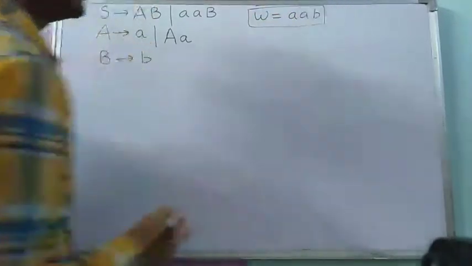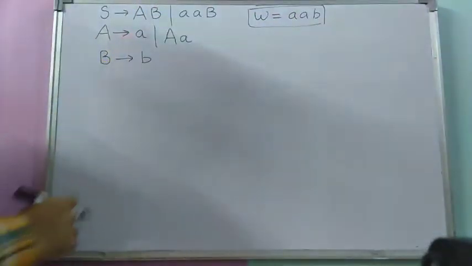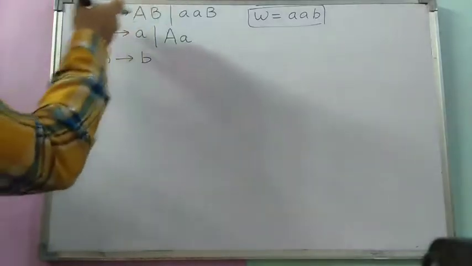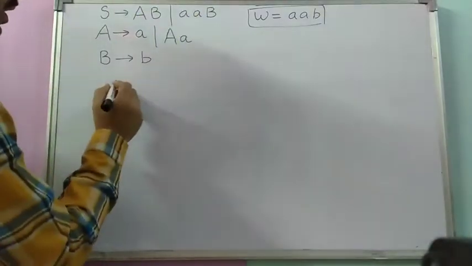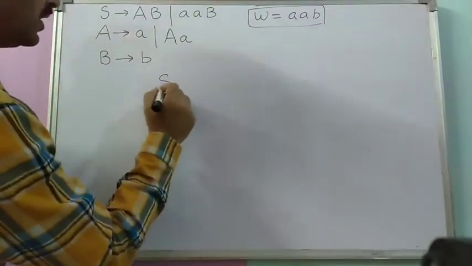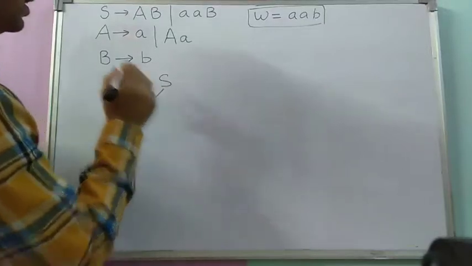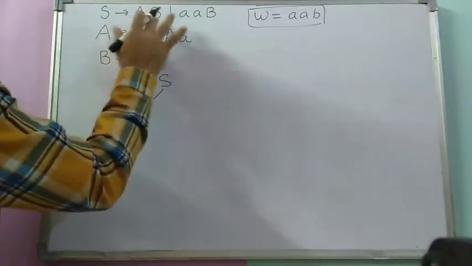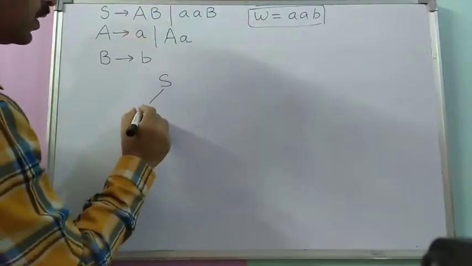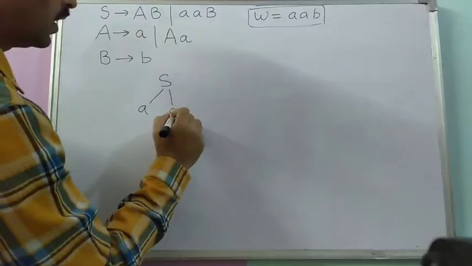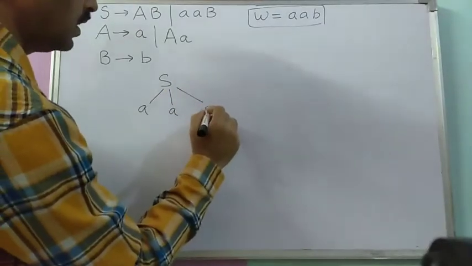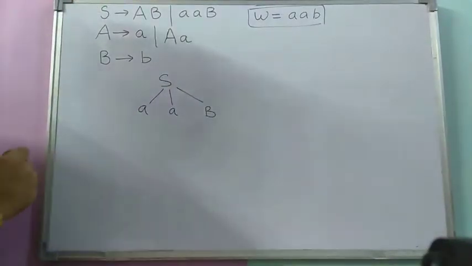I will try to see its leftmost derivation. One leftmost derivation is obvious, which we have just discussed: from S we will start. Among the two available productions for S, we will choose this one, so AB.